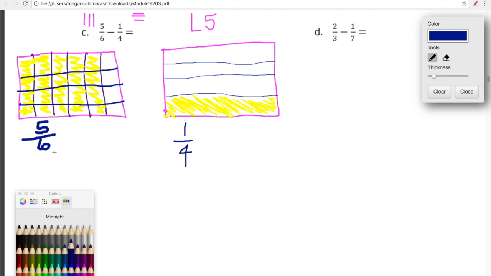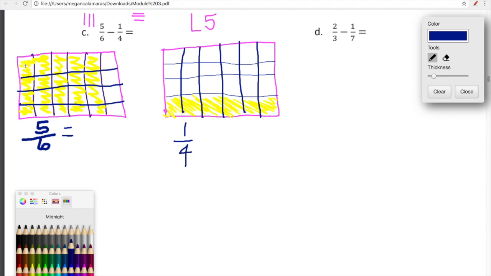And now we're going to take our sixths and we're going to use vertical lines to partition our second rectangle into 6 equal slices. So now we have 1, 2, 3, 4, 5, 6. Beautiful.